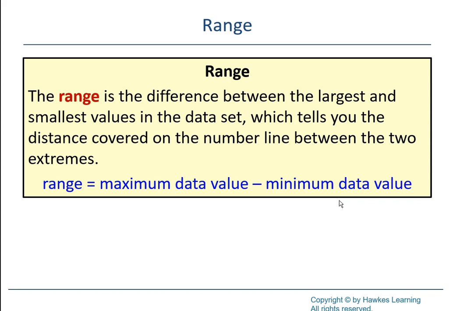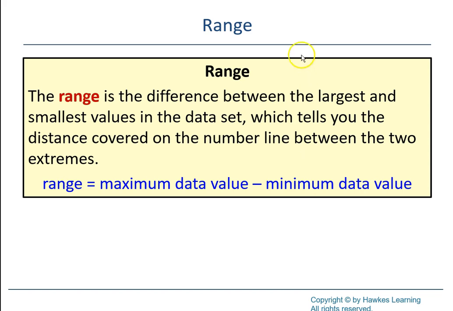Okay, let's look at another vocabulary word and fit this into our study. The range. The range is the difference between the largest, that is your maximum value, and the smallest one, your minimum, in a data set. This tells you the distance covered between the first, which would be the minimum, and the last, the maximum.